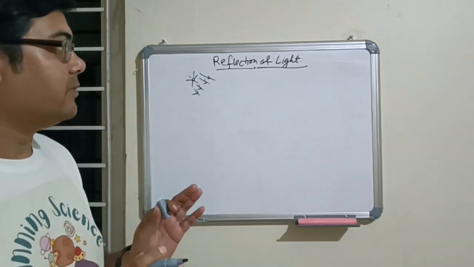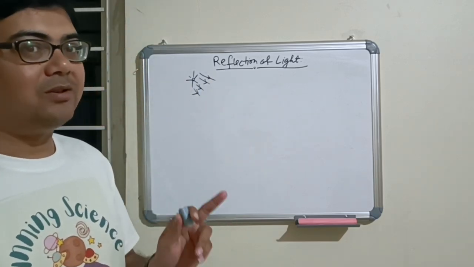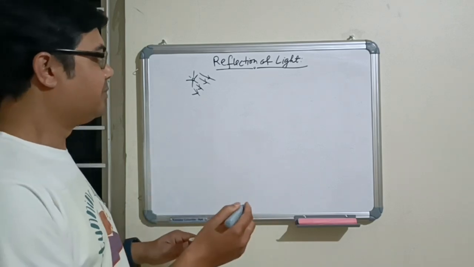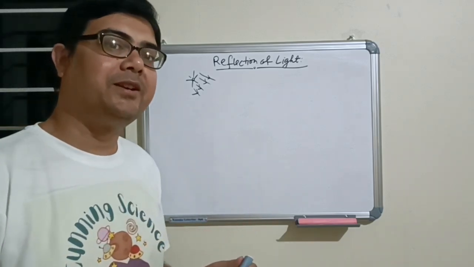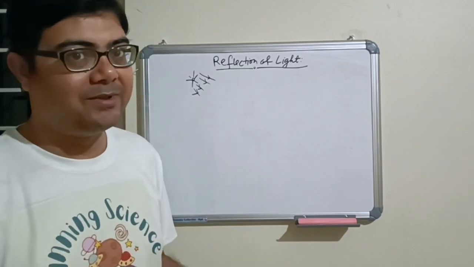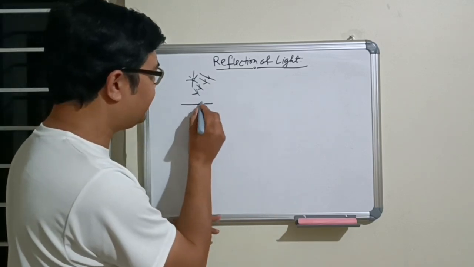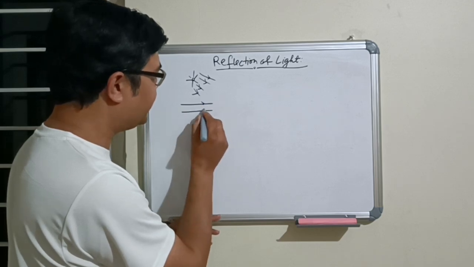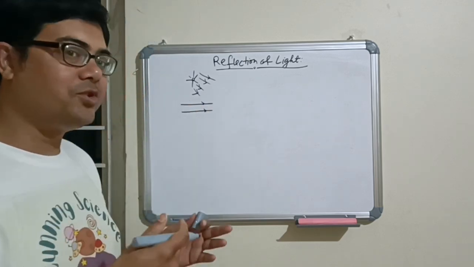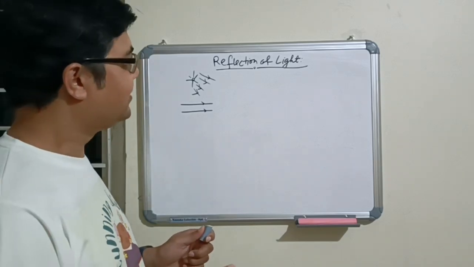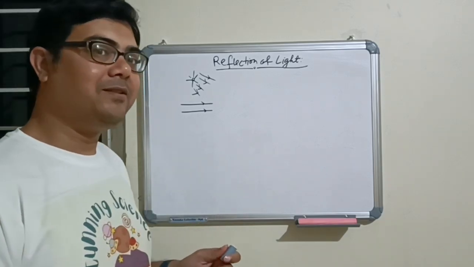But for our convenience, we should take one, two, or three light rays, because we need to draw the diagram systematically and more effectively. Hence, we can use one single ray or two rays. So let us draw for one ray and see how reflection of light takes place from a smooth surface.